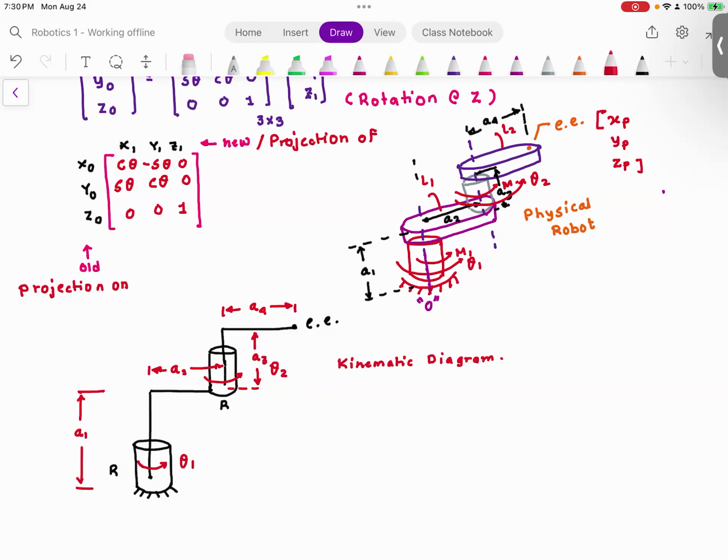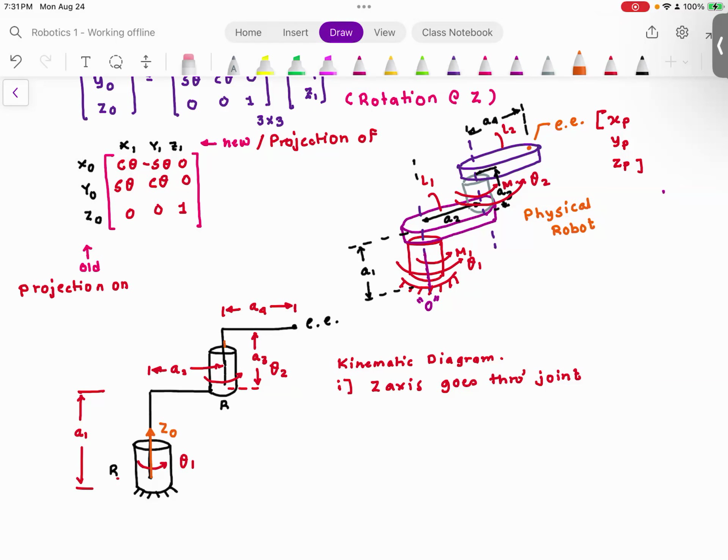Rule number 1. Can you notice that there are two joints? One first revolute joint and the second revolute joint. So the first rule is the z-axis goes through the joint. In other words, I'm going to call this first axis Z0. This is going to go to the first revolute joint.